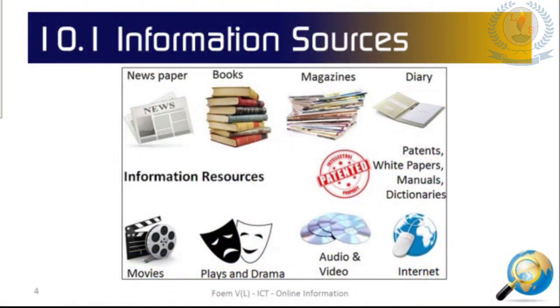Yes, we can find the information using these sources: newspapers, books, magazines, diary, movies, plays and drama, audio and video like CDs, DVDs, and from the internet too. Then manually you can use dictionaries, papers, manuals, like that.